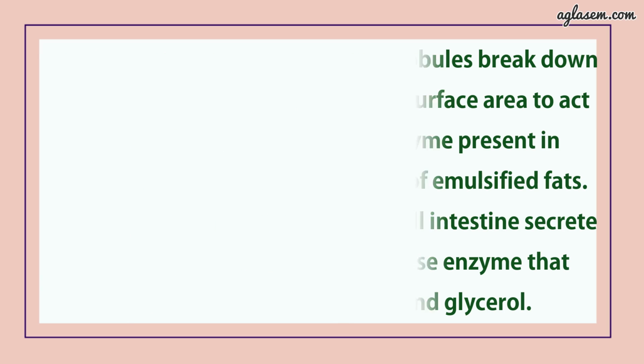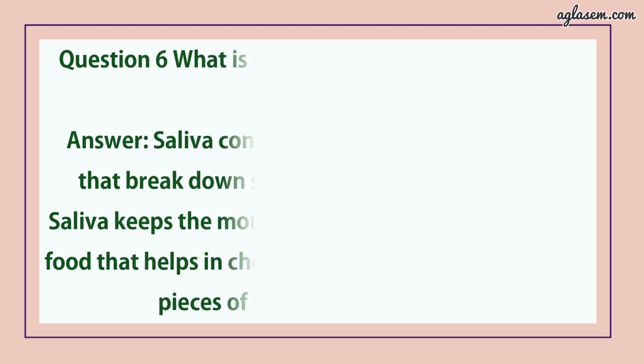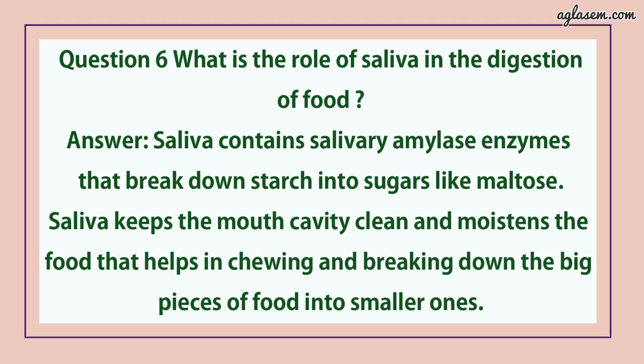Now, question number 6 says, what is the role of saliva in the digestion of food? Answer is, saliva contains salivary amylase enzymes that break down starch into sugar like maltose. Saliva keeps the mouth cavity clean and moistens the food, which helps in chewing and breaking down the big pieces of food into smaller ones.